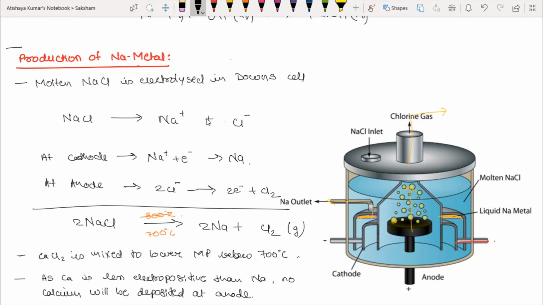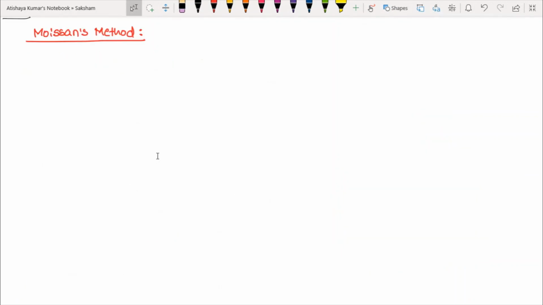We have seen the production of sodium hydroxide and sodium metal. Now let us see how fluorine gas is produced by electrolytic methods. Fluorine gas is produced by Moissan's method, and again it uses a specially designed chamber for electrolysis.